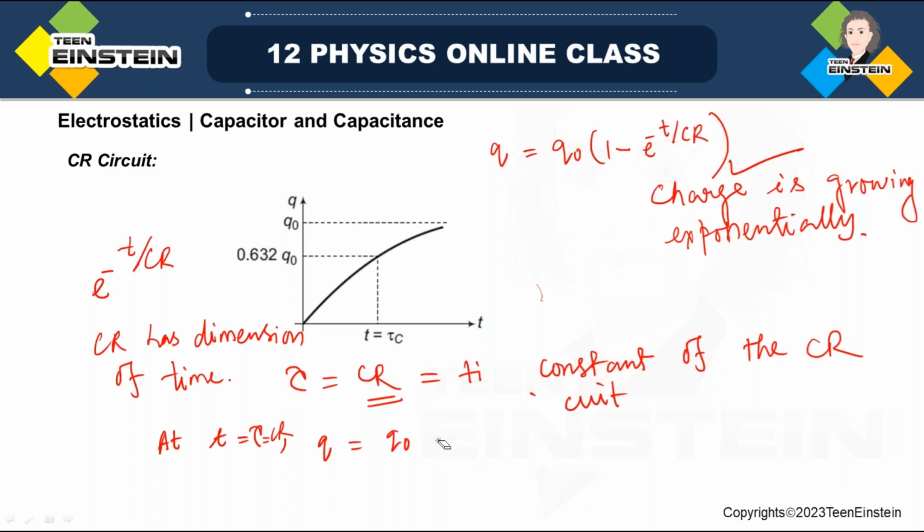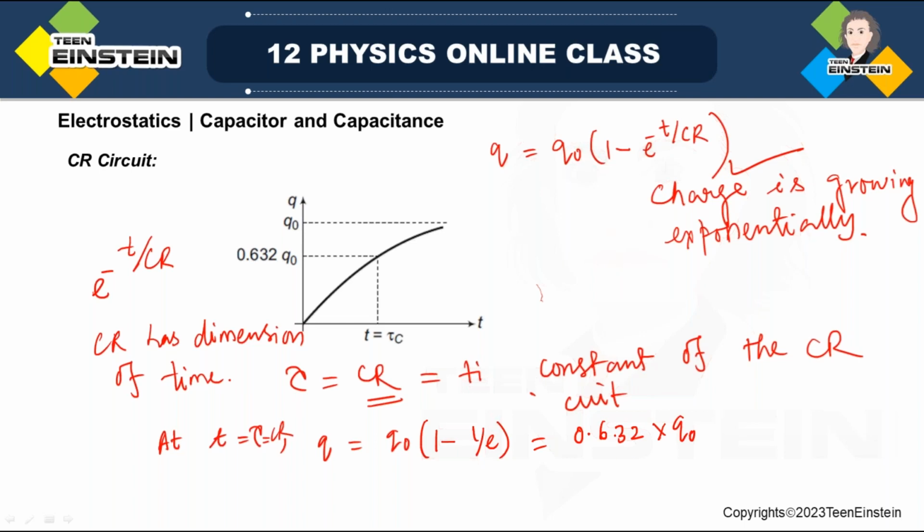Sorry, let me rewrite it. This will be exactly equal to 0.632 into Q0.